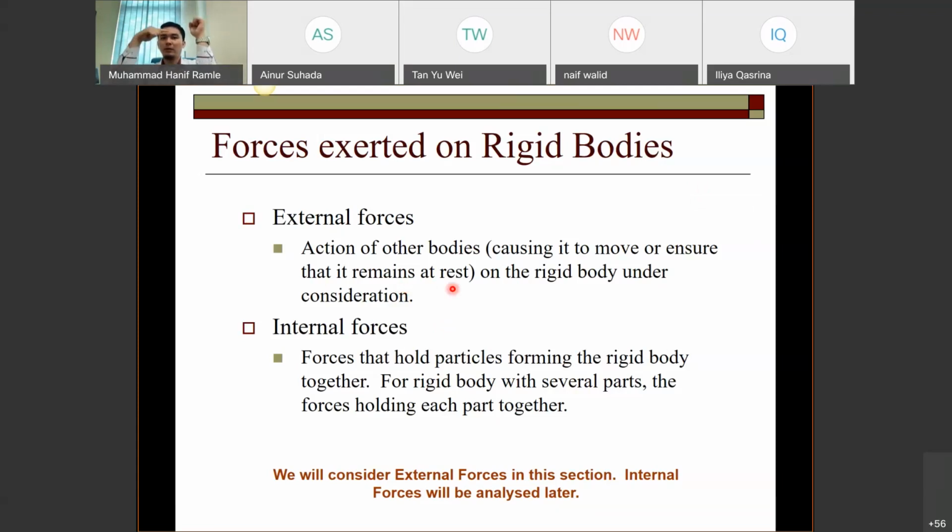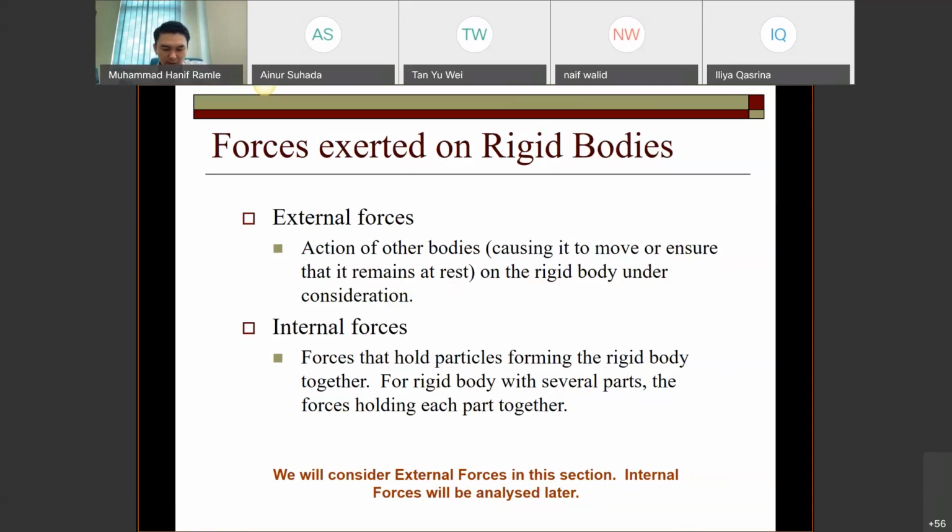At rest, maybe the external force is friction, for example, on the body under consideration. That one is an external force.